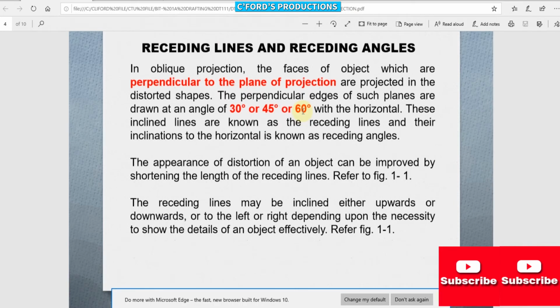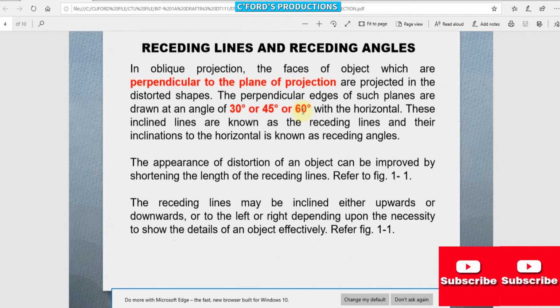So next, we'll proceed to the receding lines and receding angles. So in oblique projection, the faces of the object which are perpendicular to the plane of projection are projected in distorted shapes.